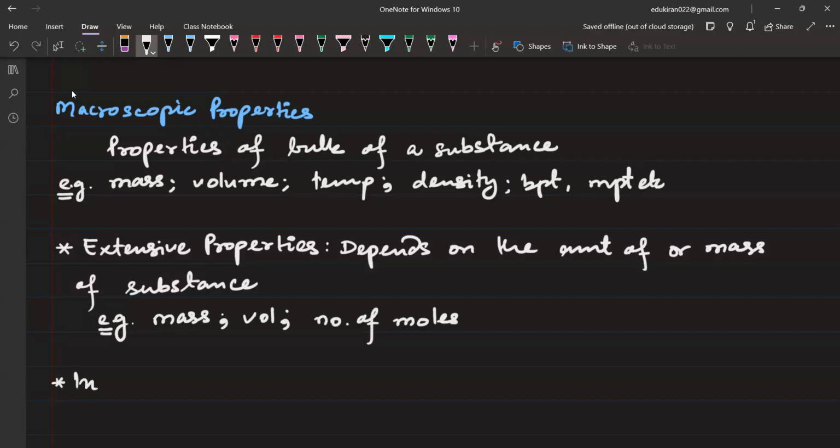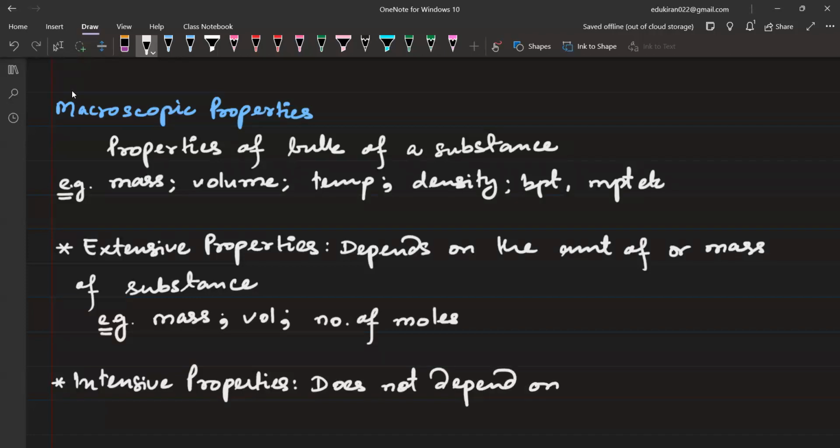Then we have intensive properties. Intensive properties do not depend on the amount or mass of substance.